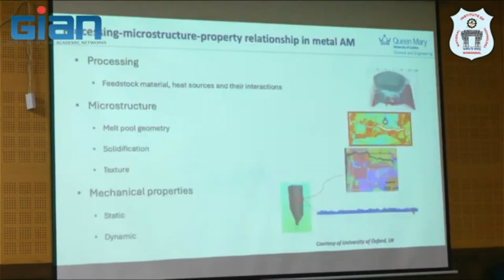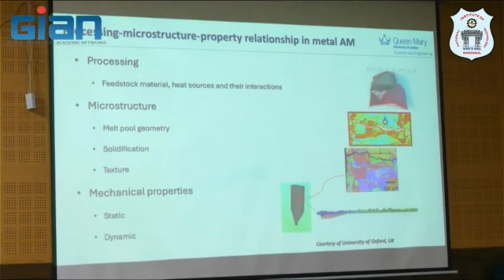What we want to know is actually the processing-microstructure-property relationship in AM. How can we simulate it? I think this is the key, because if you can model only the melt pool, what's the point? What's the use of it? There's no use actually. So we need to know more than just a temperature field. Why is this so helpful?